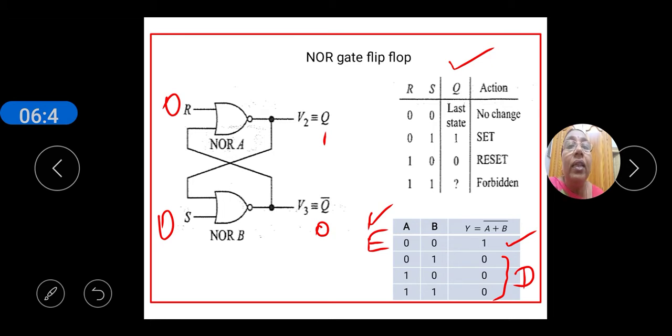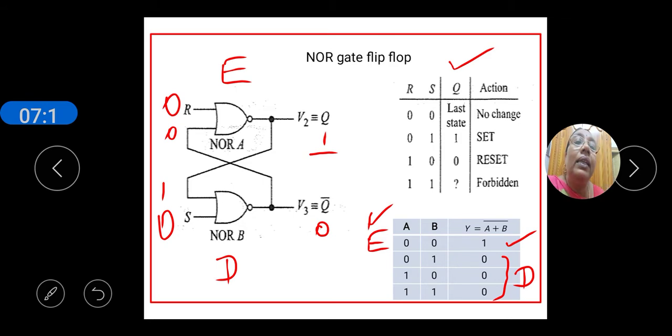So, the second input of NOR B is 1 and the input of NOR A is 0. We can immediately see that NOR A is enabled and NOR B is disabled. So, the output Q is in the 1 state.